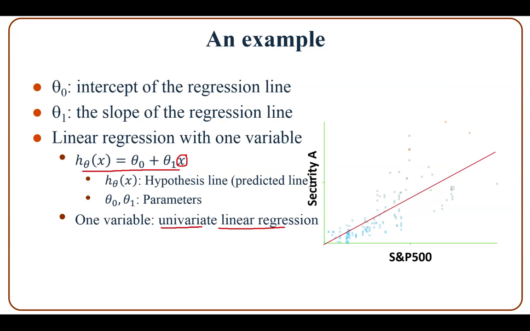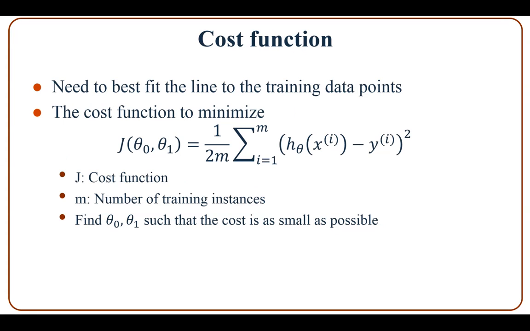So given the training set, we need to fit the regression line to the data, and we measure some cost for this, and the cost must be as minimal as possible. Now we talked about the cost function. We need to fit the line to the training data points.